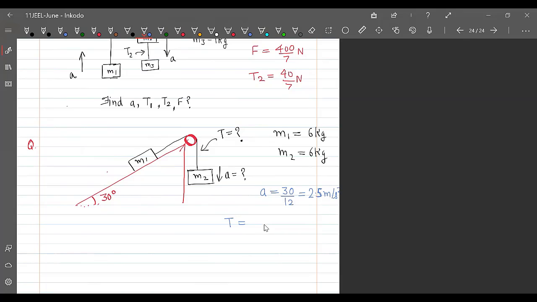And tension should be 60 Newton. So it should be 45. Yeah. It should be 45 Newton.